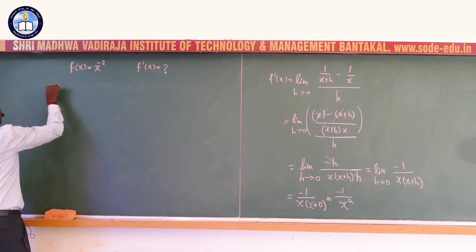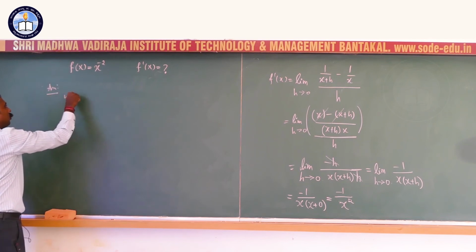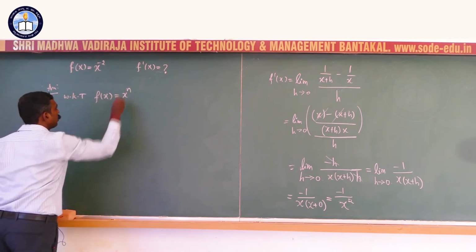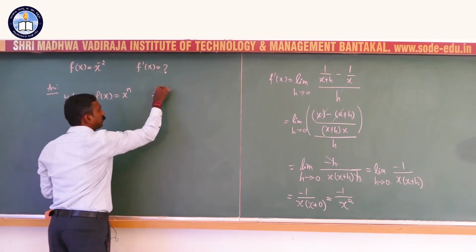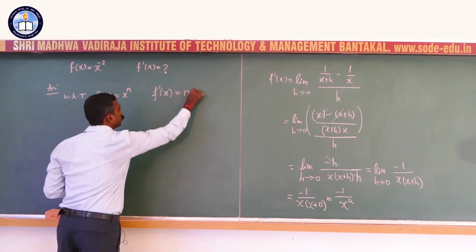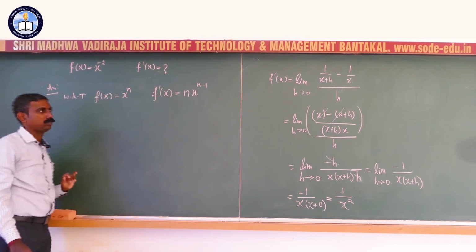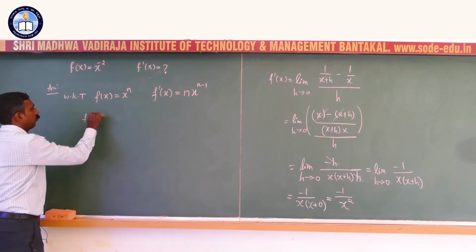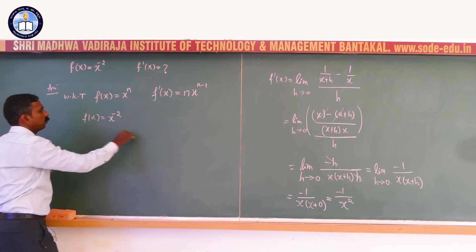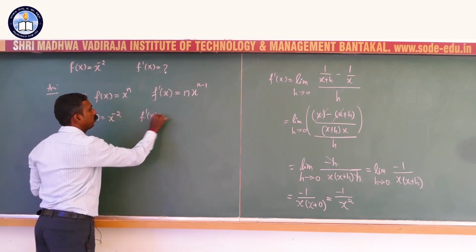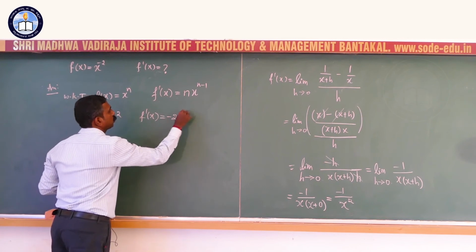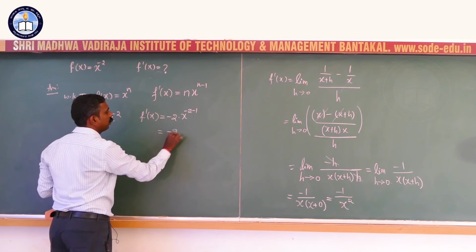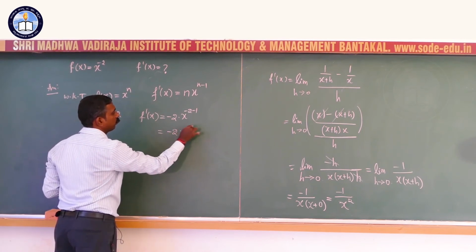We know that f of x equals to x to the power n, f dash of x equals to n into x to the power n minus 1. So, here n is equal to how much? So, f of x is equal to x to the power minus 2, f dash of x equals to minus 2 into x to the power minus 2 minus 1, otherwise this is same as minus 2 into x to the power minus 3.